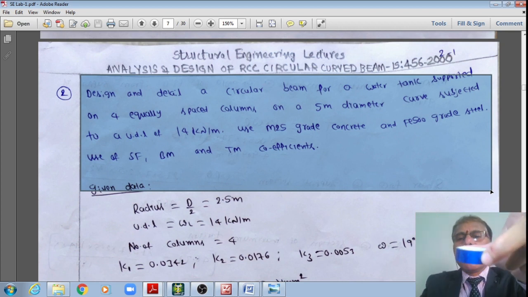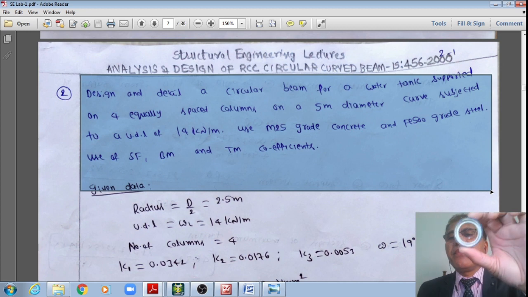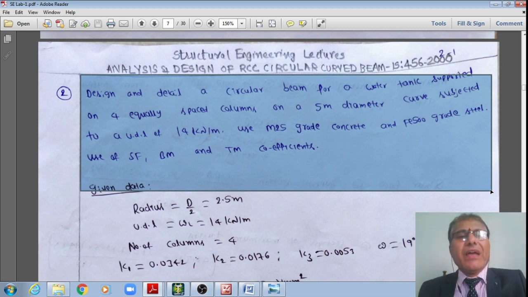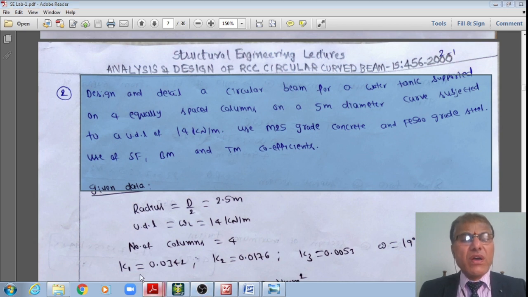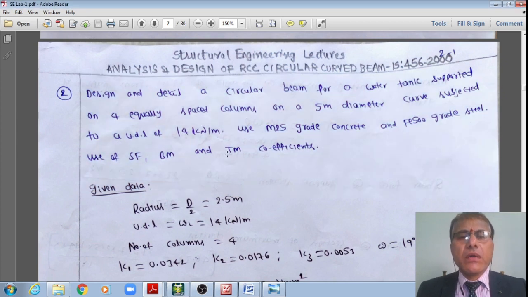Use M25 grade concrete and Fe 500 grade steel. Use shear force, bending moment and torsional coefficients as per the code IS 4995 Part 2. That is the data given, student.